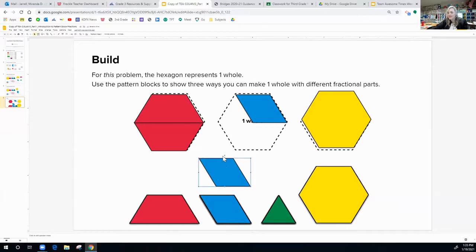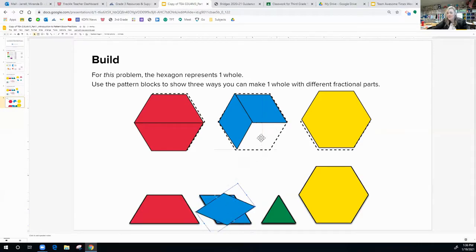It's a little hard to manipulate these. If you're having a hard time manipulating these on your slides, just make a text box, which you know how to do, and explain it with your words. Or you can draw a picture on your paper and put that into the slide as well. It's okay if it's a little tricky.